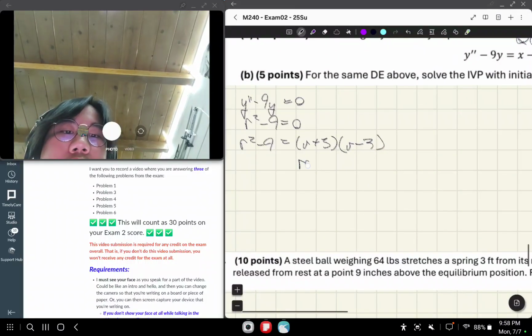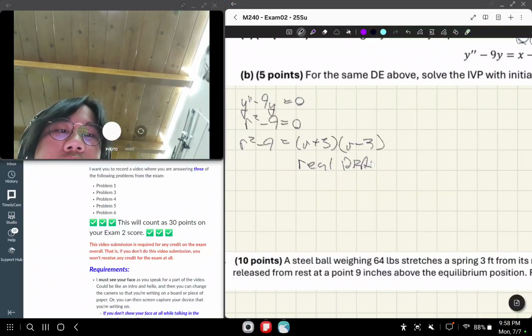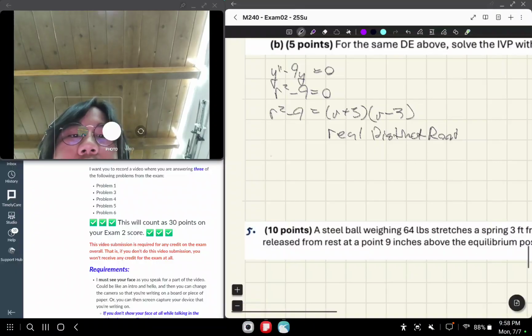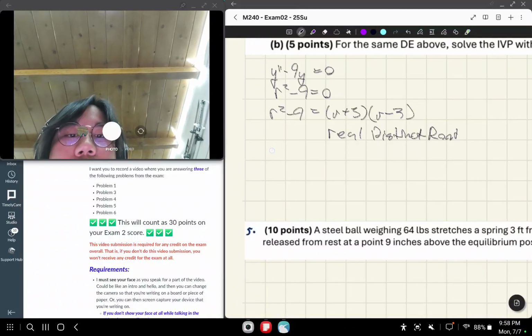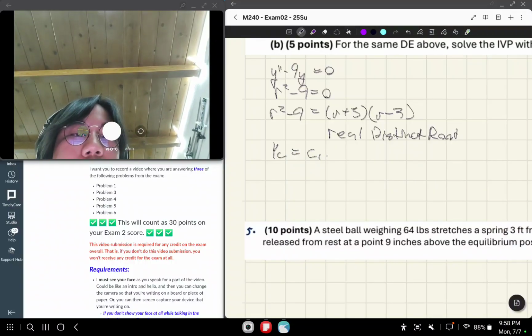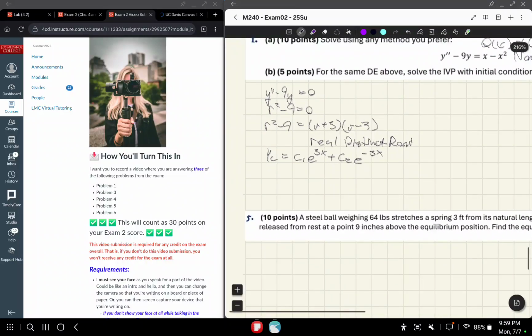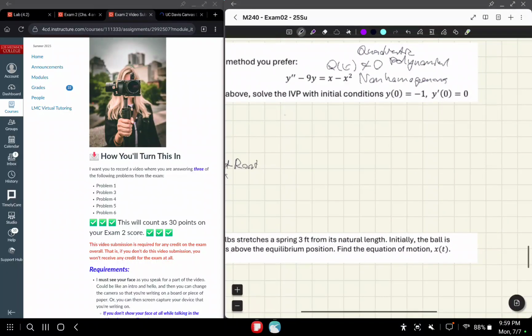And we have real distinct roots, so our complementary solution will be in the form of y sub c equals c1 e to the r1 x, but we'll just sub it in right now, so e to the 3x plus c2 e to the negative 3x. Yeah, this will be our y sub c.